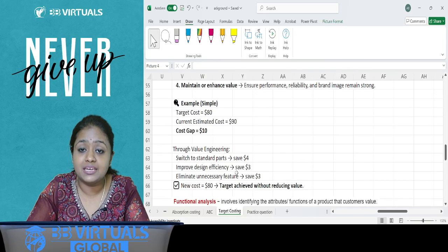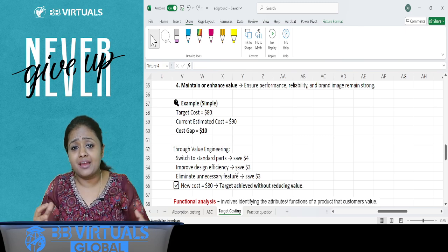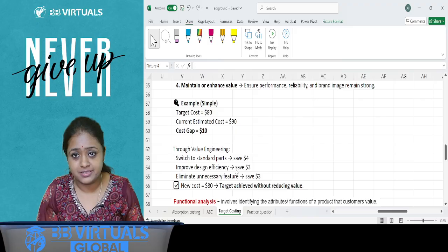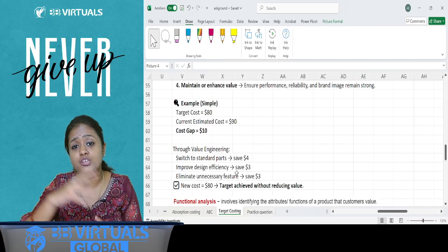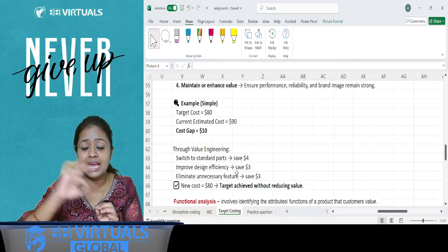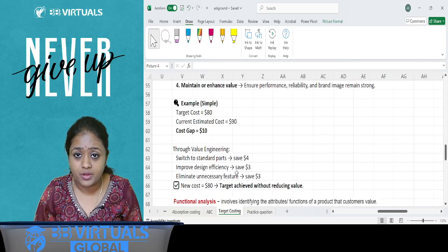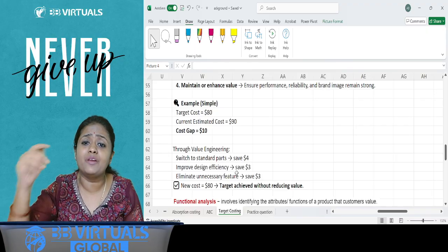Eliminate unnecessary features. For example, I buy a car that has normal seating arrangements, or the same car but with an enhanced cost of 5 lakhs because suddenly the seats have some design patterns on them. If that car is launched in the market, people may not be ready to spend 5 lakhs on it.